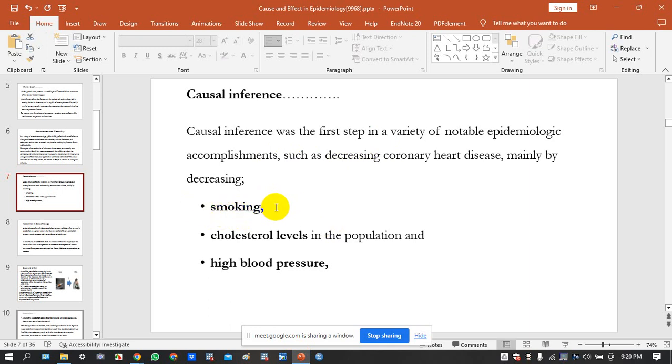So acetylcholine binding to the nicotinic or muscarinic receptors leads to high blood pressure. The second one is cholesterol levels in the population. If the cholesterol is so high, it will lead to what? Atherosclerosis or thrombus formation.